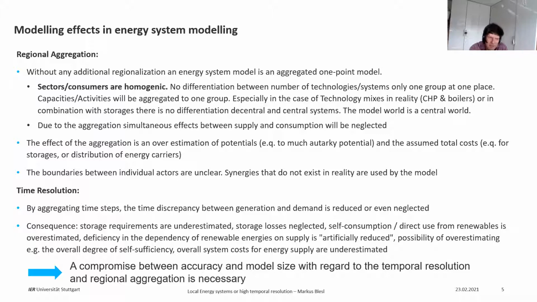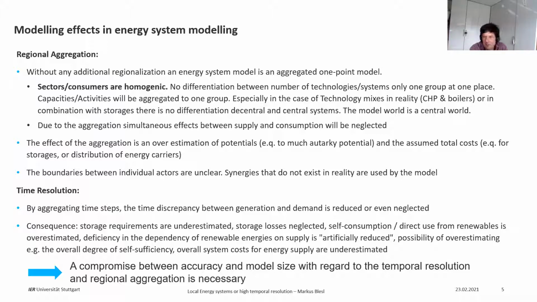And due to this effect, especially if you look at the supply and consumption situation, simultaneous effects will be neglected. And at the end, due to this aggregation process, you have more or less an overestimation of potentials, especially of the potential of storages, especially also if you look at autarky or something like this.